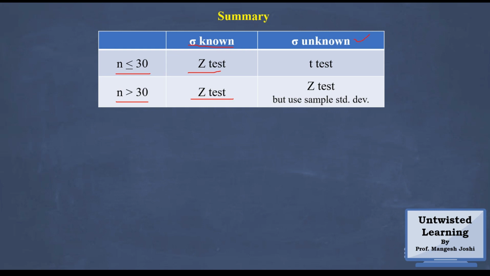If sigma is unknown, that is, the population standard deviation is unknown, and sample size is less than or equal to 30, you have to use the t-test. And if sigma is unknown and sample size is greater than 30, you have to use the z-test. In this case, you have to replace sigma with the sample standard deviation.